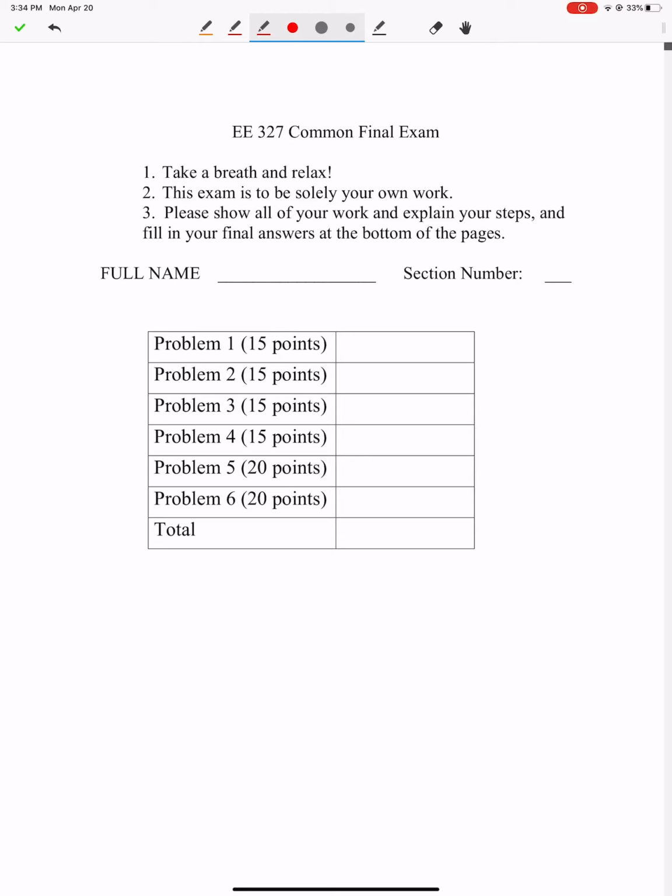But there's another option you can choose, which is the fail and pass grading system. If you choose that way, then you will pass this course if your final grade is over 60 points, and you will fail the class if you get below 60 points.